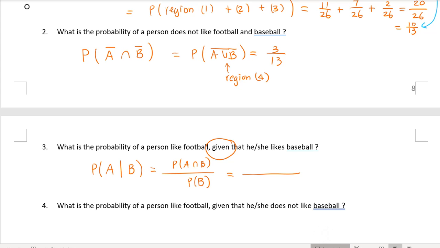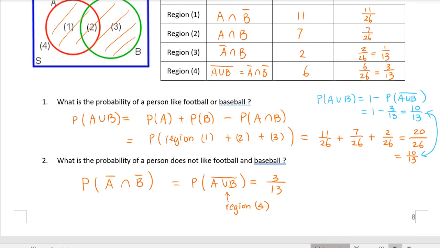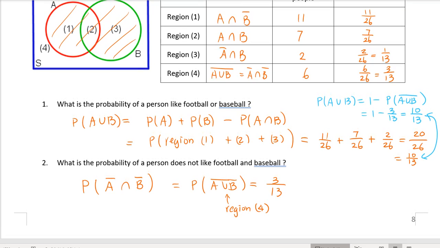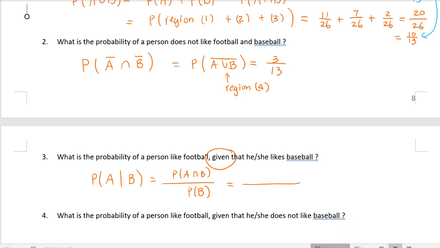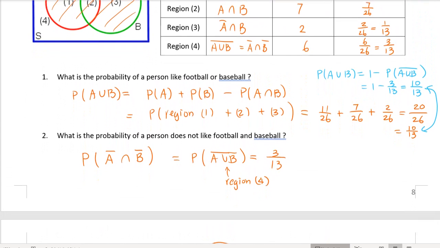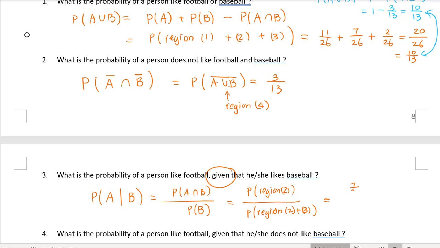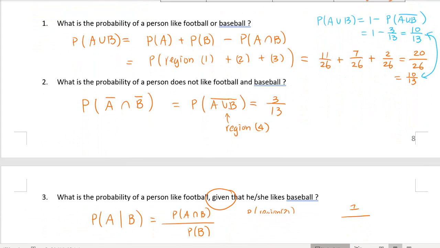Alright, now let's see. P of A and B is region 2. And then P of B is region 2 and 3. So in the numerator we have P of region 2, and in the denominator we have regions 2 and 3. Region 2, the probability is 7 over 26. Denominator, regions 2 and 3, 7 over 26 plus 2 over 26.